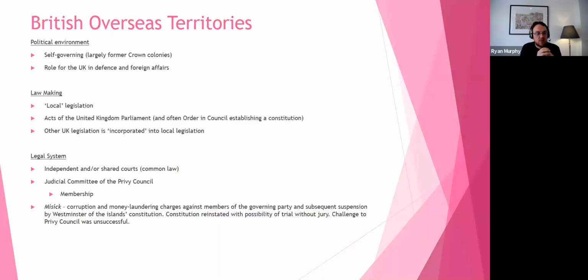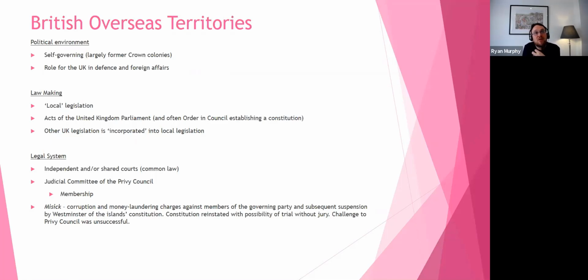The thinking behind this was that jury trials are really quite important, that they are a cornerstone of most liberal democracies, but that on a very, very small territory, like the Turks and Caicos Islands, the issue is that many people will be related to, will know, will have an affiliation with that former governing party.